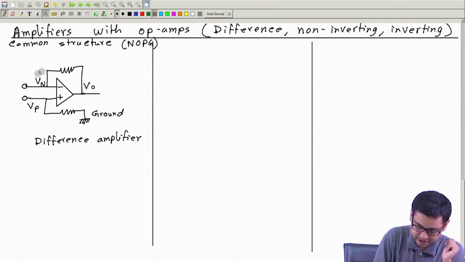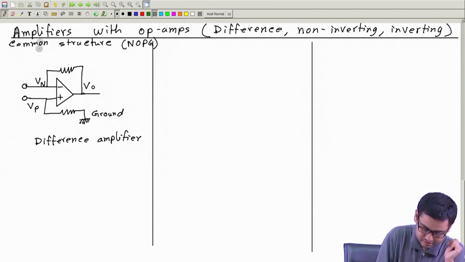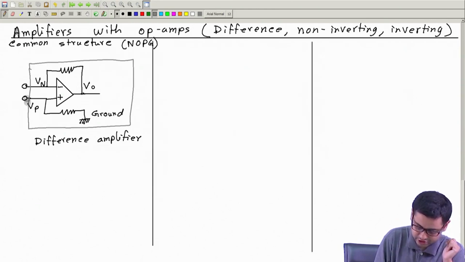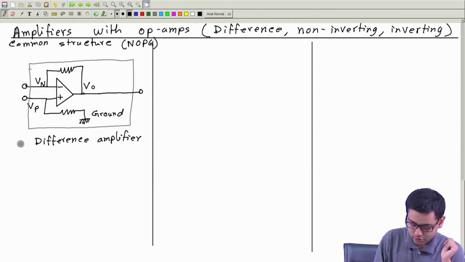This is my overall circuit. It has two inputs and one output. The way it works is very simple.